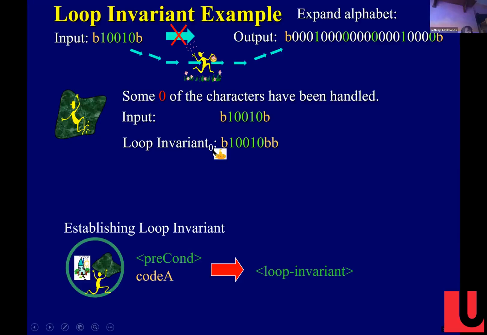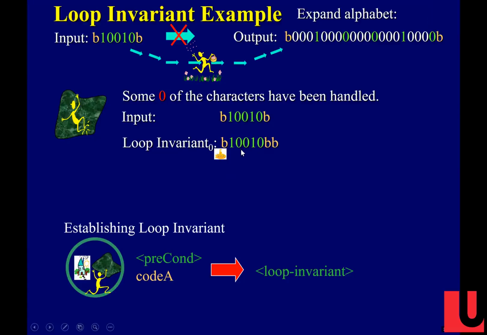What's 0? 0 is i equals 0. That means that I've iterated 0 times. That means I've handled 0 characters. So what is my input? What does my tape look like? Well, I've blanked out 0 of them, and I've put 0 of the answers past the blank, right? So this is what it's going to look like when I'm at the top of the loop. Everybody agree with that, that this is loop invariant 0?